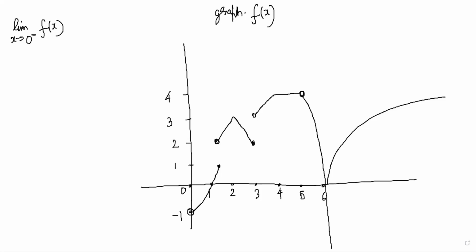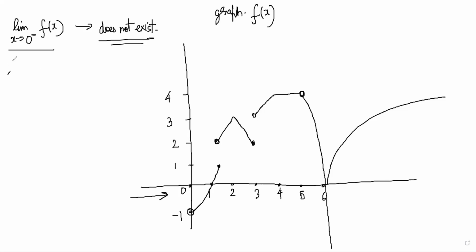First of all, 0 minus of f(x) means it should be approaching 0 from the left hand side, right? However, the graph is not even giving us any graph for that, so the function does not even exist there, right? So if the function does not exist, obviously limit does not exist, because we don't know what the behavior is at that point.